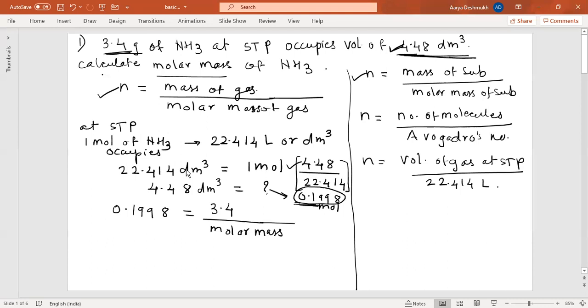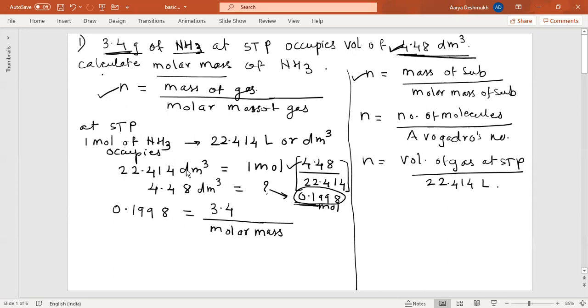As the name of the gas is given, that is ammonia, you can cross check your answer also. Nitrogen is 14 plus 3 hydrogen, so 17. So the answer should be approximately equal to 17.